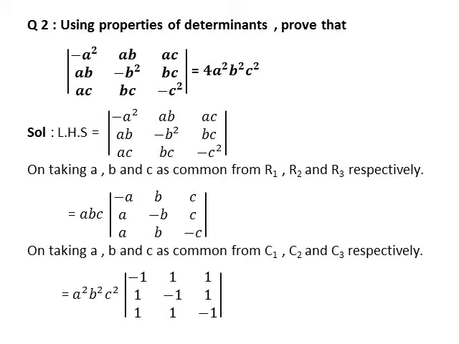As outside determinant abc is already there, so after taking a, b and c as common from C1, C2 and C3 respectively, it becomes a square, b square, c square, and within determinant we are left with elements of R1 minus 1, 1 and 1, elements of R2 1, minus 1, 1 and elements of R3 1, 1 and minus 1.